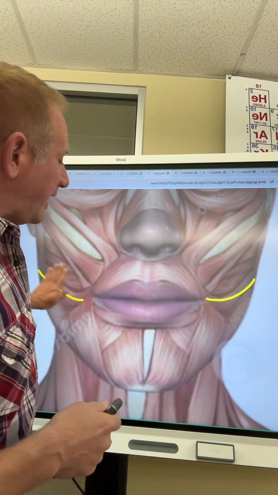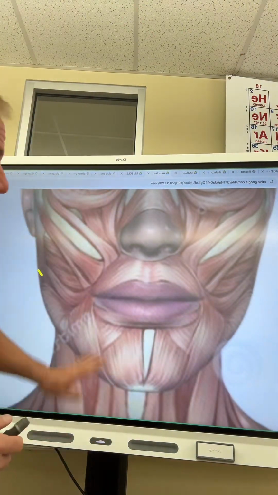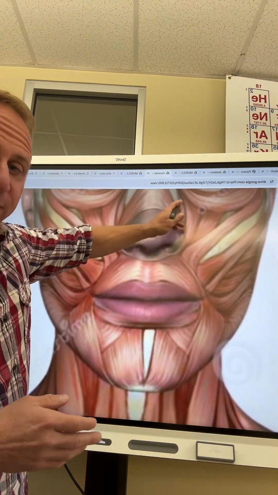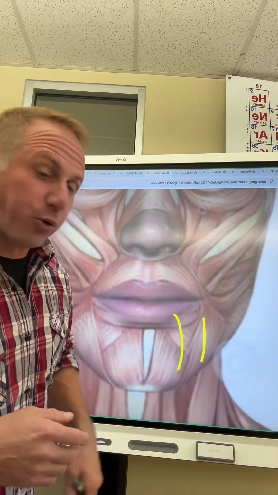Risorius, by the way, comes from the word meaning laughter. So to laugh. I think Latin, it's like risus is laughter. And so this is the laughing muscle. So you get the idea there. And then after that, we have 3 muscles that are going to help pull the lips down. And so if these were levators, these are depressors.